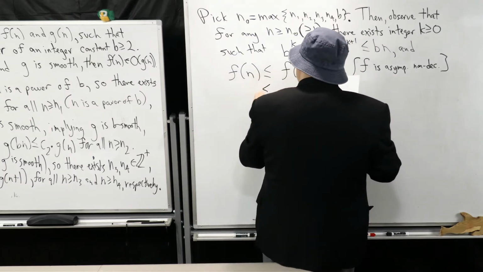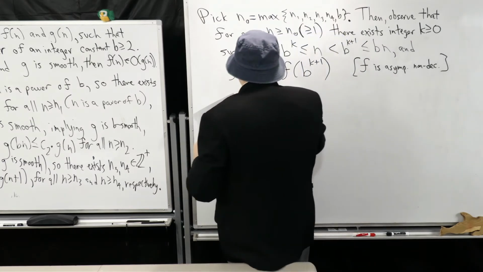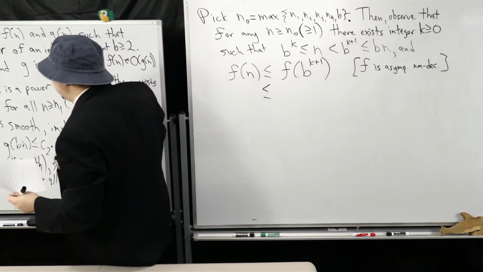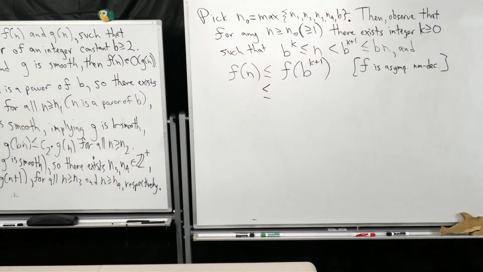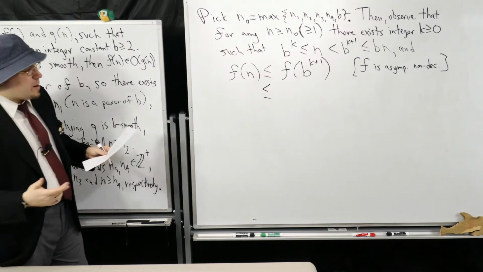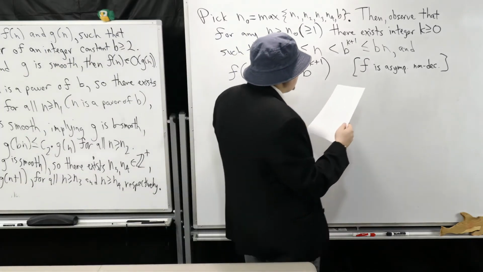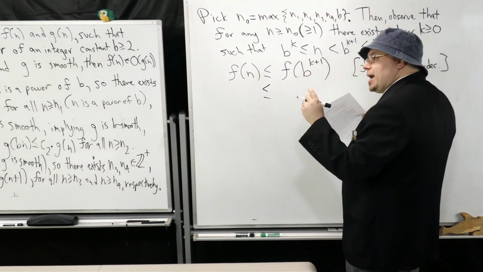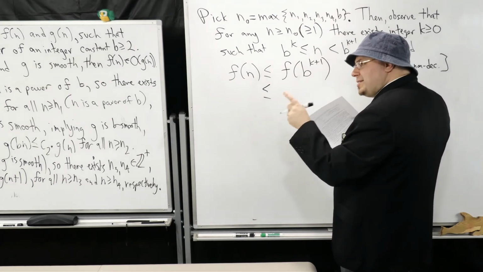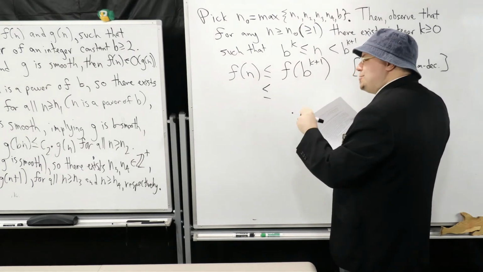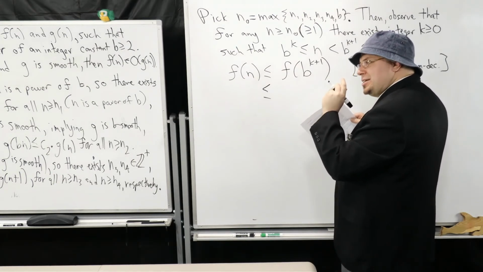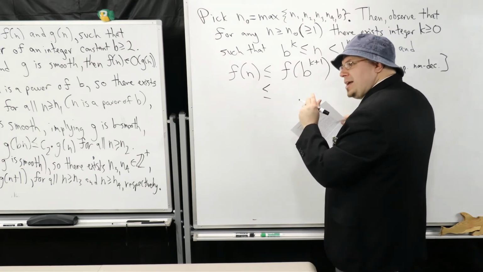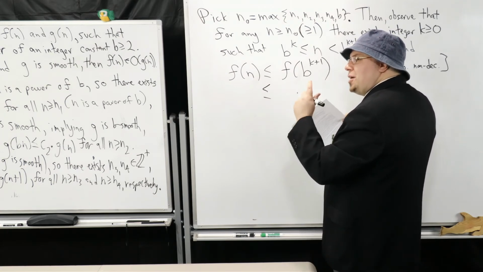Now next, we know the following. You would agree with me that b to the power of k plus 1 is in fact a power of b, right? But what do we know about that? We know that f of n, for when n is a power of b, is less than or equal to c1 times g of n, when n is a power of b, right?